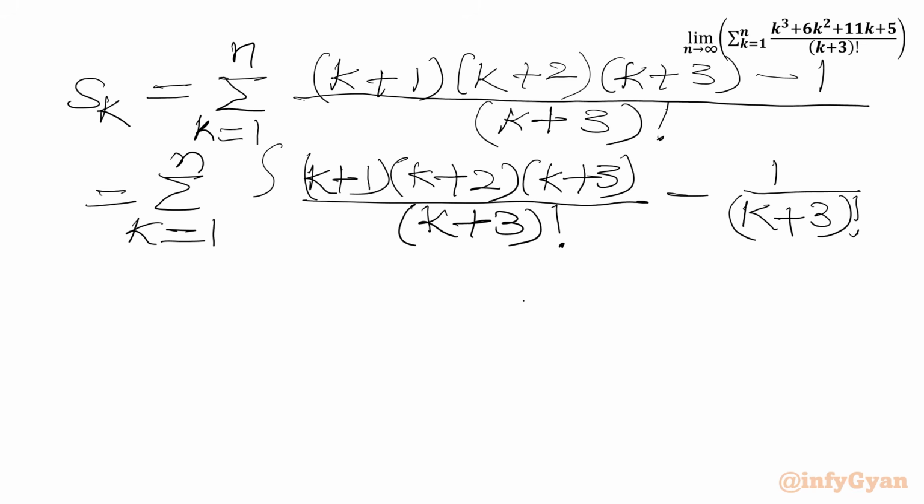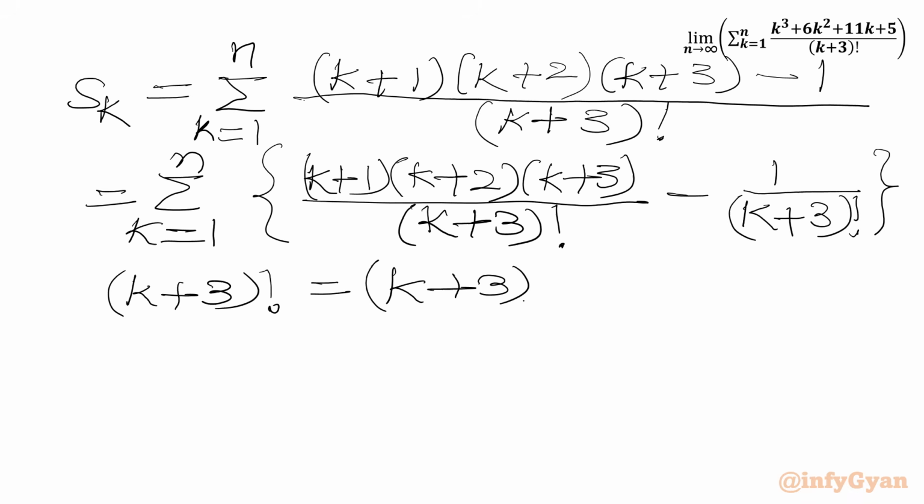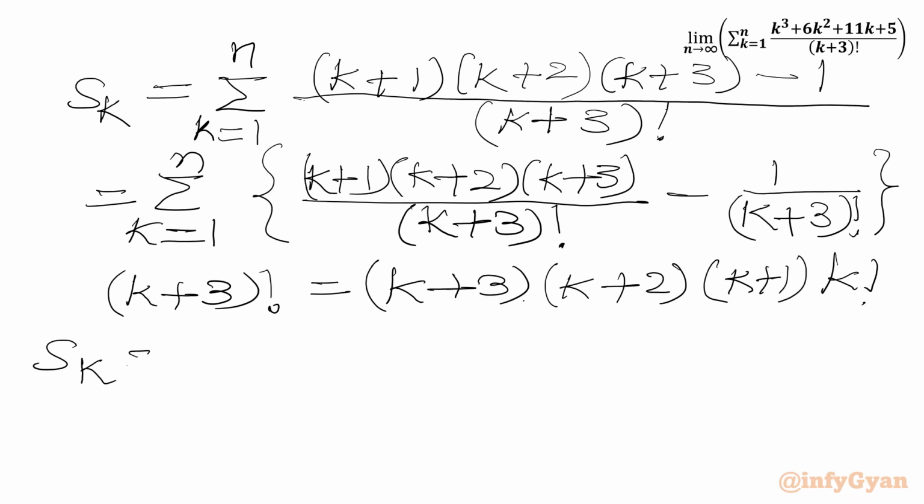Now we will use the recursive formula from factorials. We know that k plus 3 factorial can be written as k plus 3 times k plus 2 times k plus 1 times k factorial. So I will write Sk equal to sigma k equal to 1 to n.